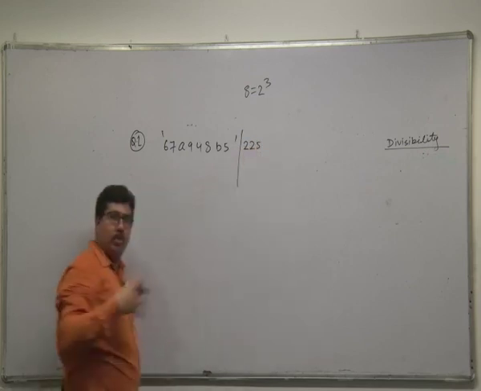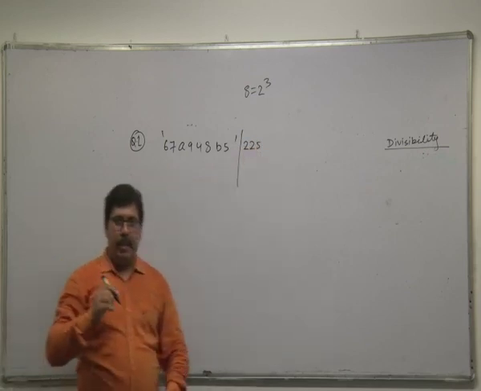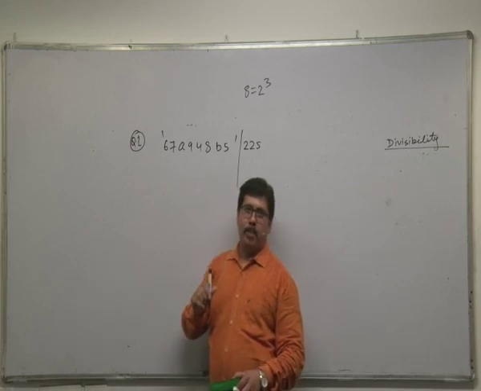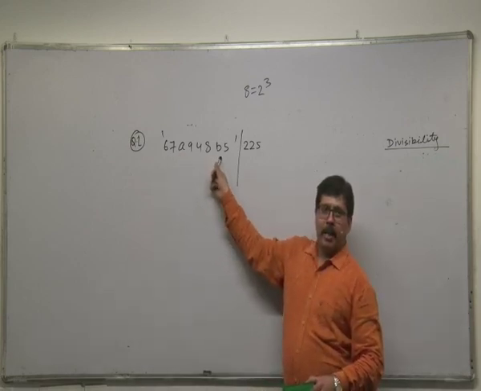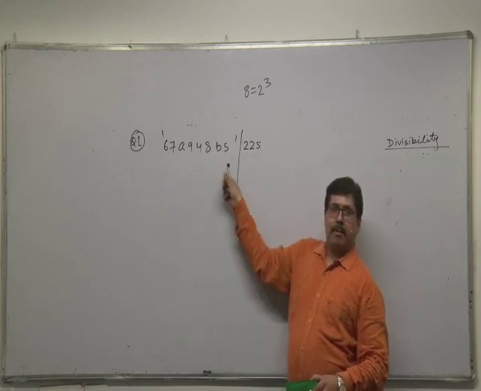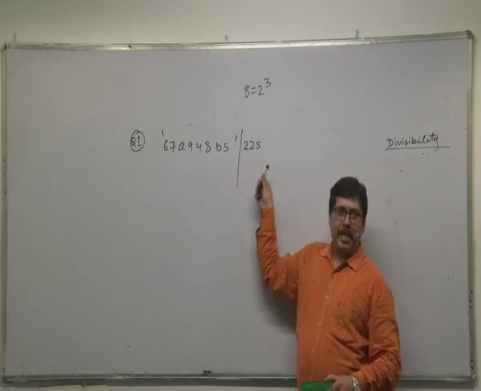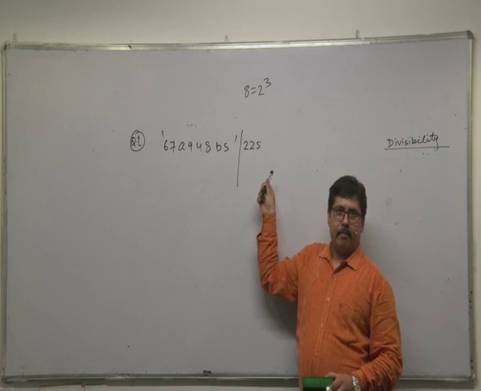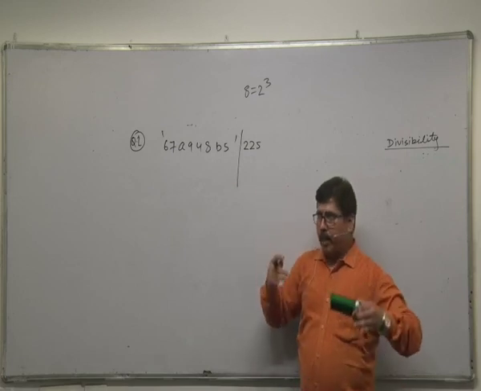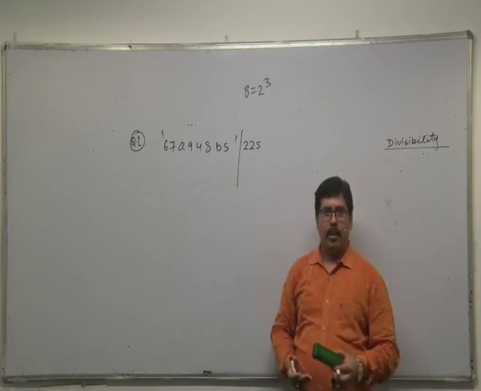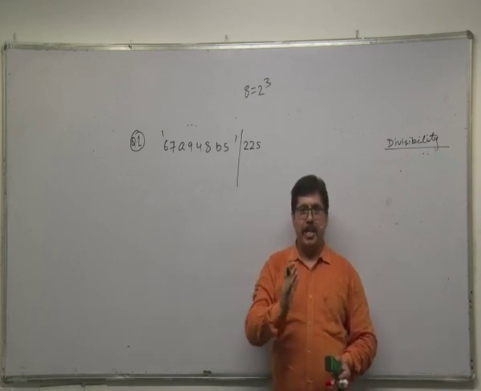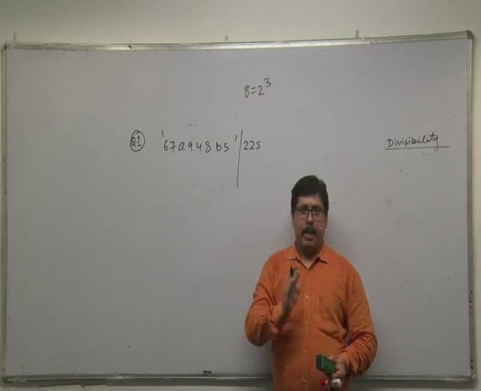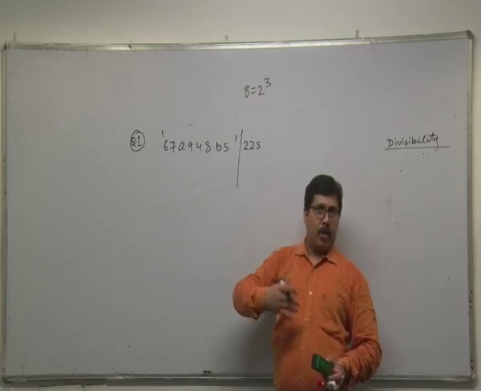Now let me repeat the question. Find the number of possible pairs of A and B so that this big number is a multiple of 225. So what should be the approach in such kind of question? Multiple of 225 means multiple of all the prime factors of 225.